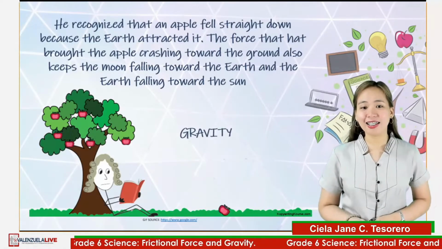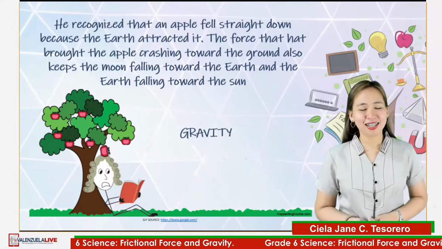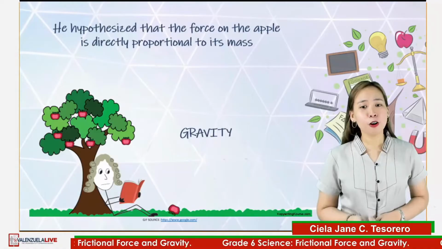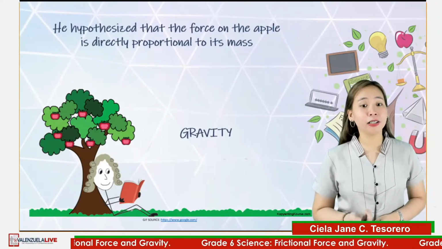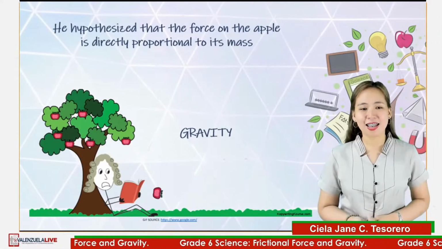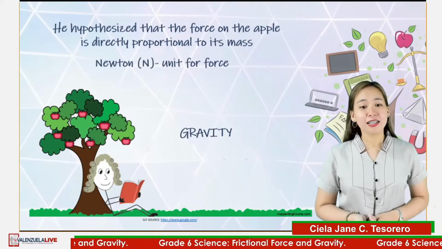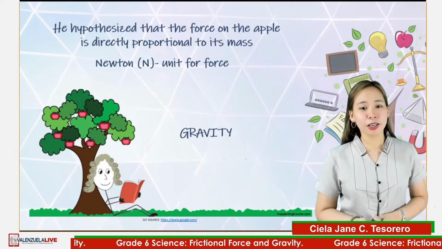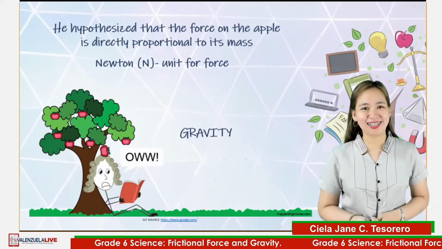And he called it gravity. He also hypothesized that the force on the apple is directly proportional to its mass. That is why the unit for force in the metric system is named after him, which is the newton.